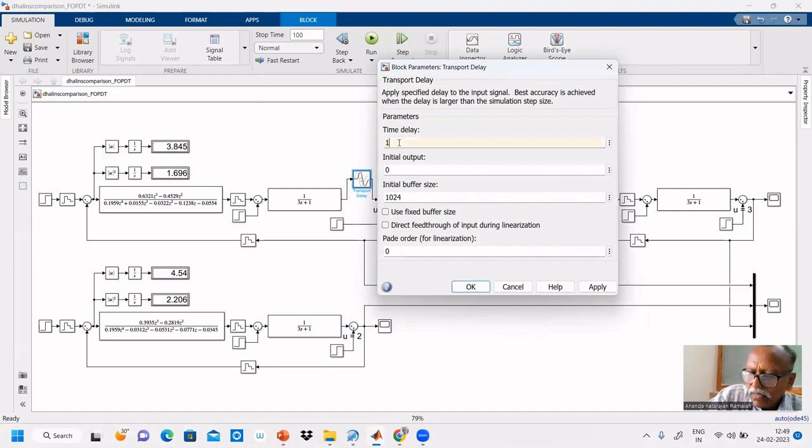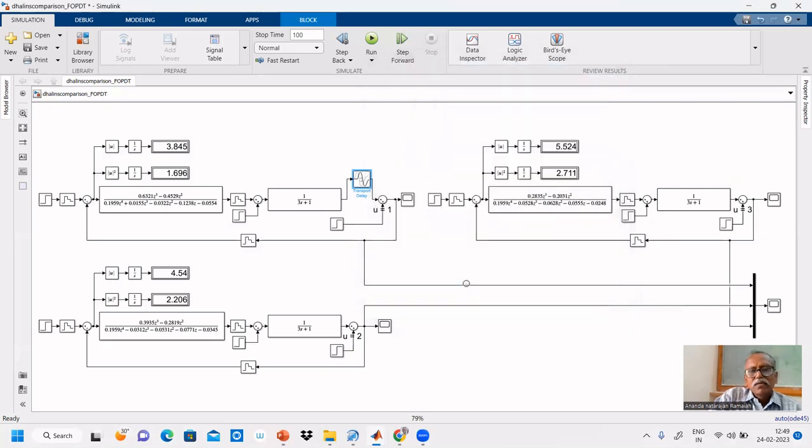Delay is 1.346. For that we designed the controller.